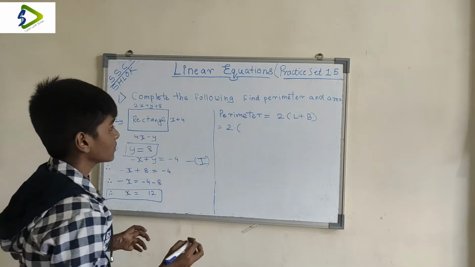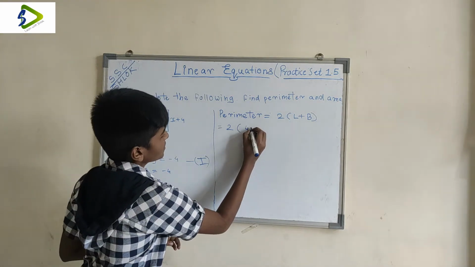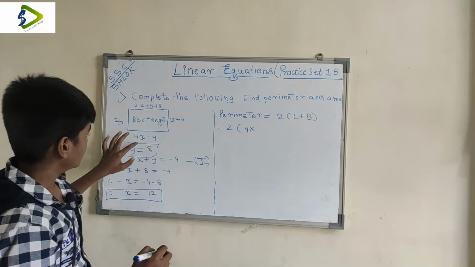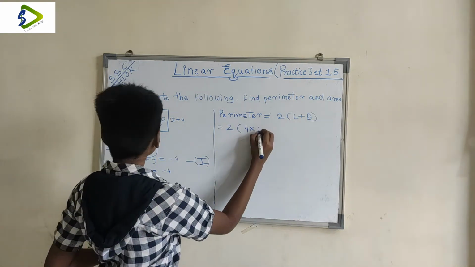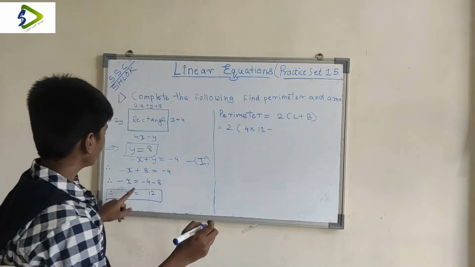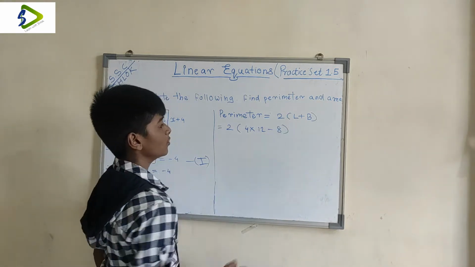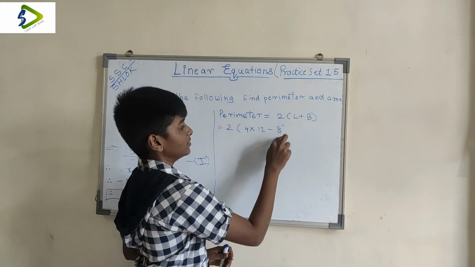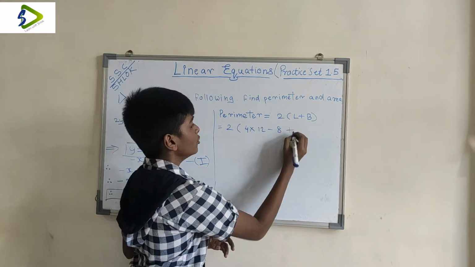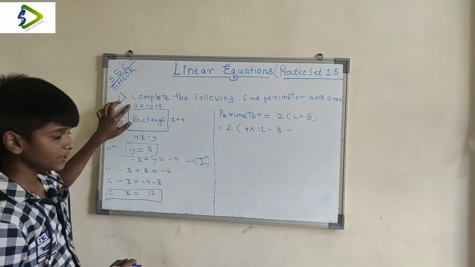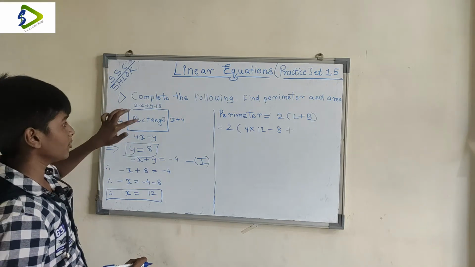So it is 4x, but instead of writing 4x, we write 4 times the x value we got, 12. So 4 times 12 minus 8, and that we have to add to B. Now you cannot consider this line as B because we consider this as length. Opposite and opposite are length and length.